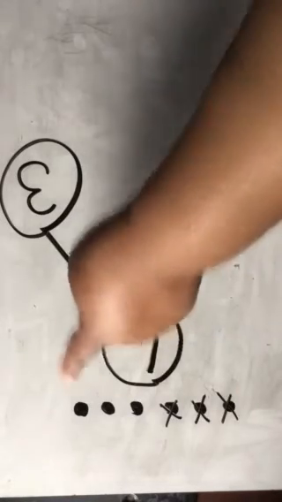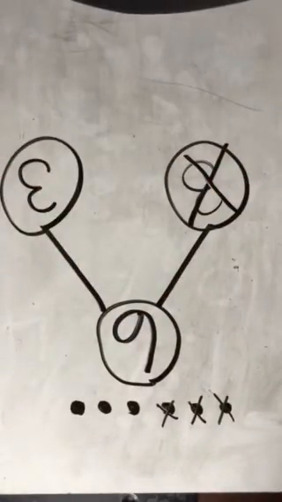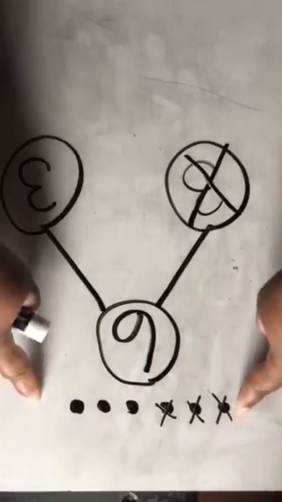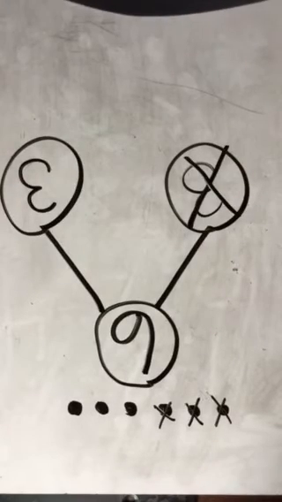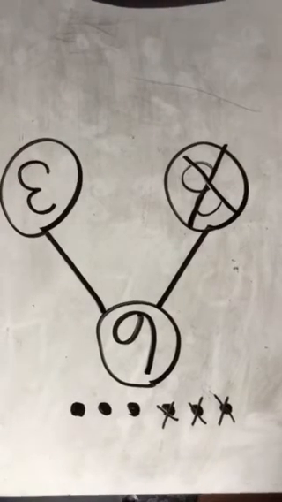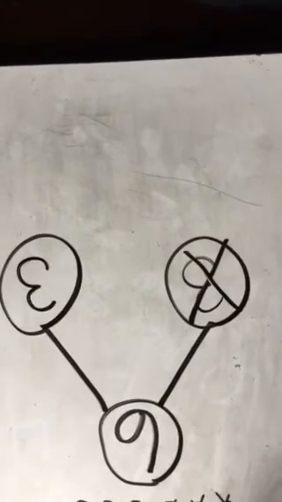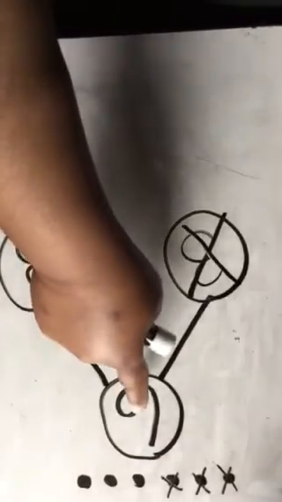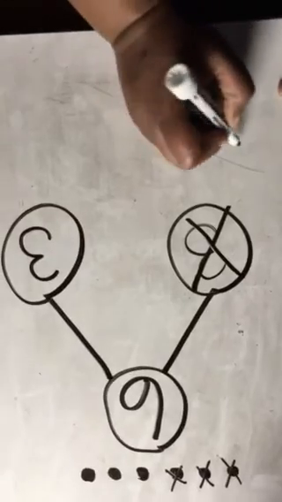Now I've got my math drawing, I've got my number bond. How can I represent all of this in a math sentence, in a number sentence, in an equation, or an expression? Well, I have my whole number. I'm always going to start in subtraction with my whole number.